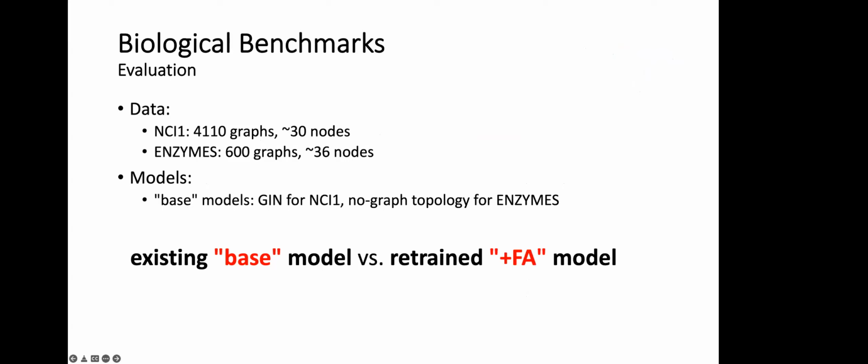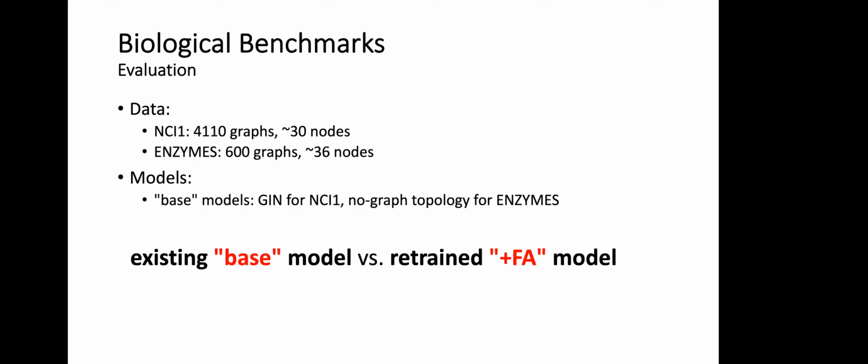The third section in the evaluation explores the biological benchmarks. This benchmark contains two datasets. One is called NCI1. It contains about 4,000 graphs, and each graph contains about 30 nodes.